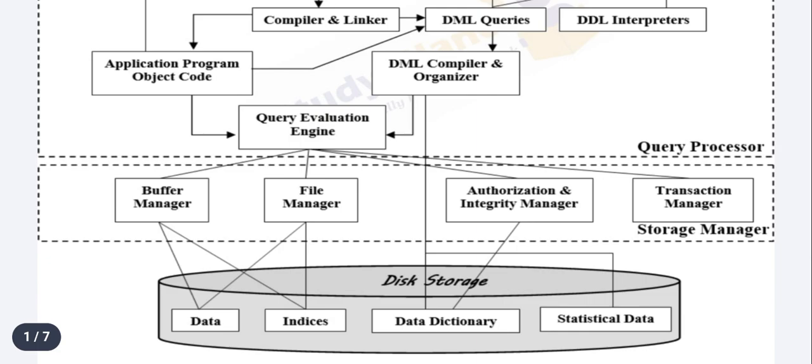And fourth one is statistical data, which includes statistical information about the database such as the table size, index selectivity, query execution patterns, etc. This helps in query optimization.